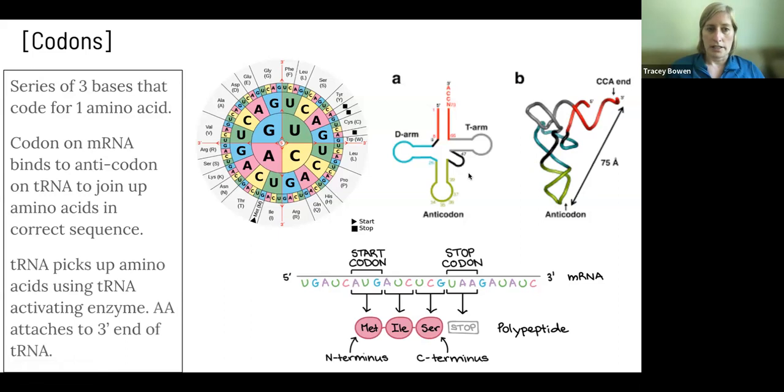Transfer RNA picks up amino acids using the enzyme transfer RNA activating enzyme to signal to the transfer RNA to pick up an amino acid. And the amino acid actually binds onto the 3' end of the transfer RNA also.